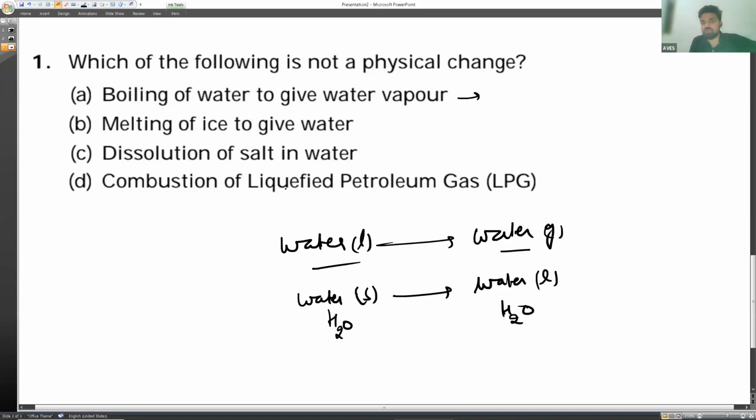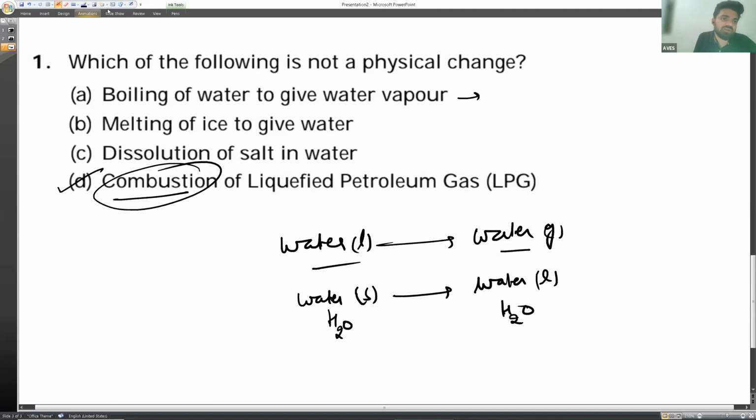Dissolution of salt, I have told you, after the change the salt will show its property. But combustion of liquefied petroleum gas: combustion means burning, and burning of something is a chemical change. It is not a physical change. Okay, you understood? Yes, sir.